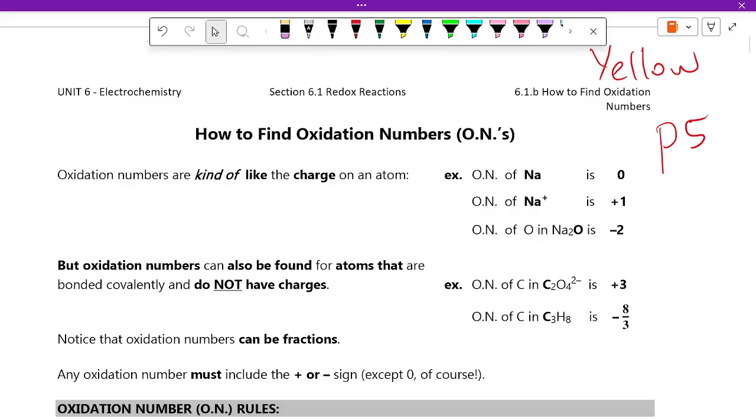Okay, how do we find oxidation numbers? I don't understand why there's still people who don't have their books open to page 5. That is puzzling me.